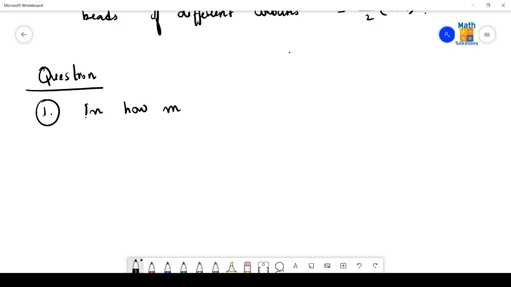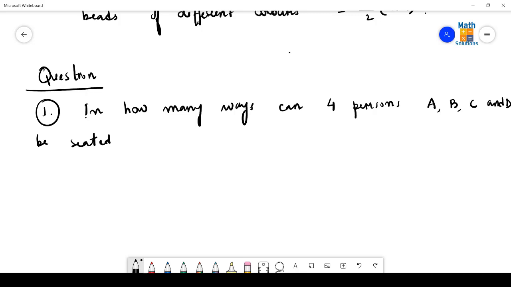In how many ways can four persons, A, B, C and D, be seated at a circular table? So this question is very simple.